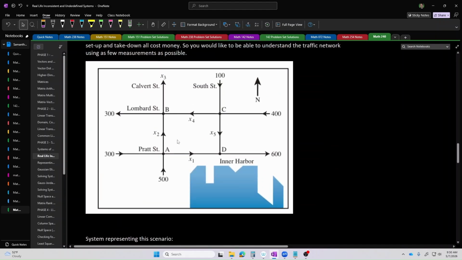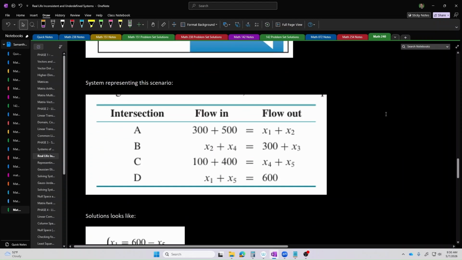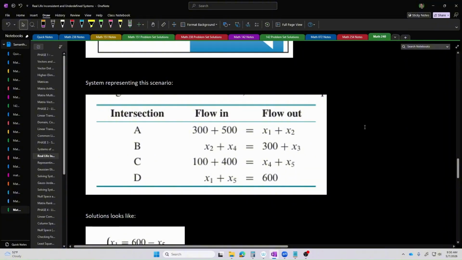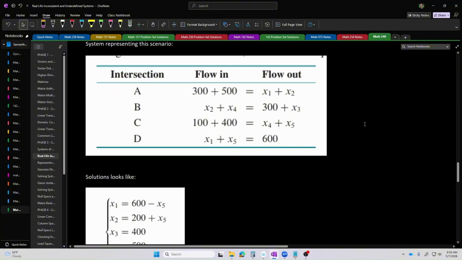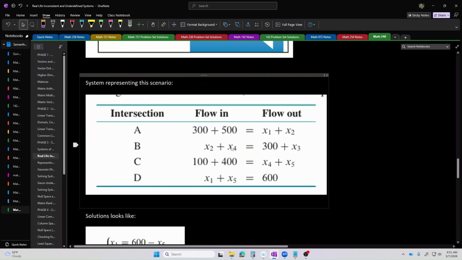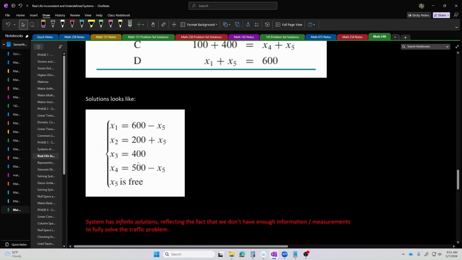If we examine the other four junctions in this network in the same way, we get in total four equations in the variables x1 through x5. Now, if you solve this system via method of elimination, for example, you end up with a free variable, reflecting the fact that we had five unknowns, but we only had four restrictions and four equations on those unknowns. We end up with a free variable. So this system has infinite solutions.